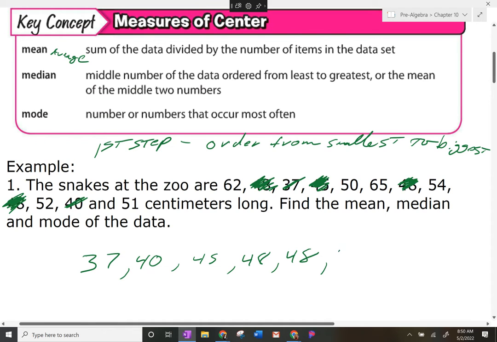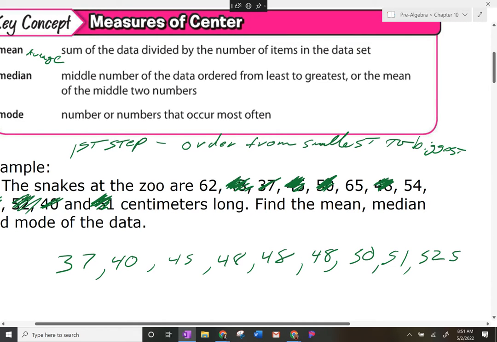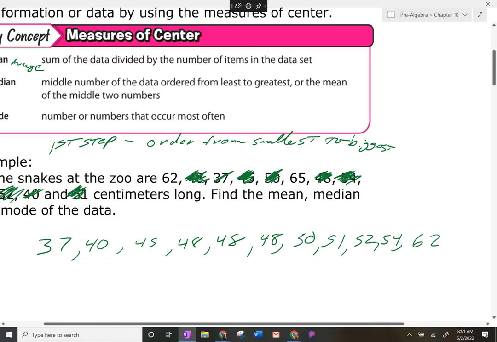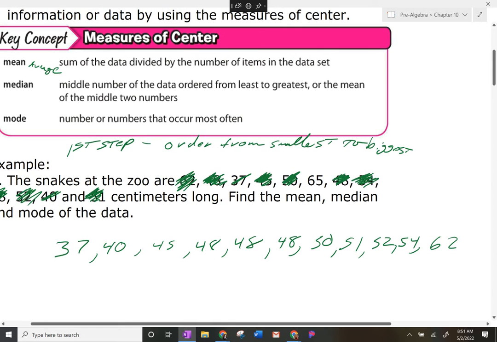51 was over here. And then 62. All right, we got them all in order.